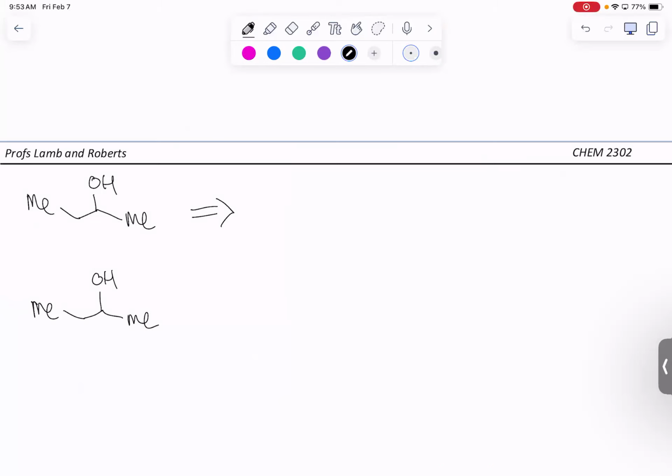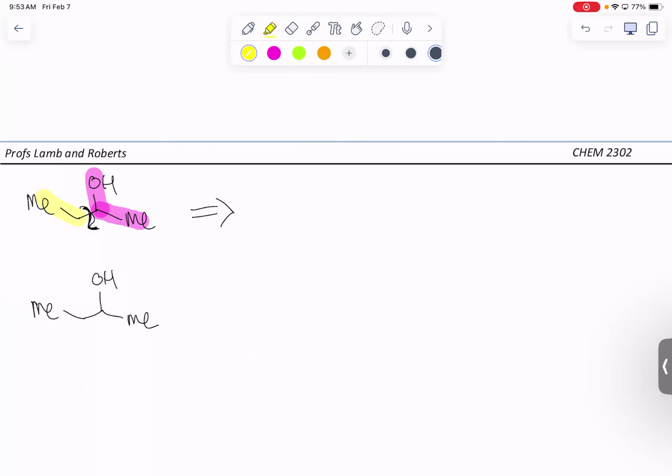All right, let's identify a potential carbonyl compound. Let's say we broke our bond here. That means that we have divided our molecule up into 2 fragments, a 2-carbon fragment and a 2-carbon fragment with the alcohol on it.